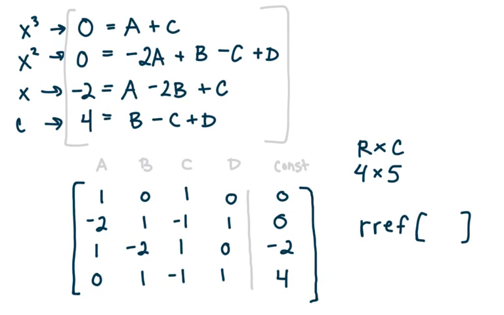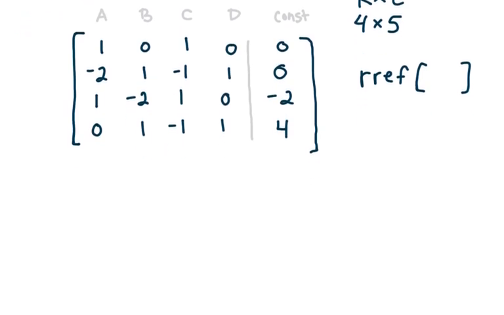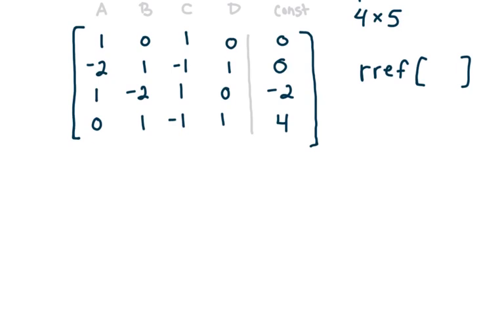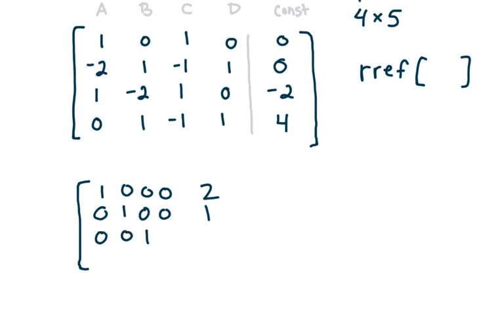So if I go through that process and I find my reduced row echelon form for this matrix, the output is 1, 0, 0, 0, 2, 0, 1, 0, 0, 1, 0, 0, 1, 0, negative 2, 0, 0, 0, 1, 1.